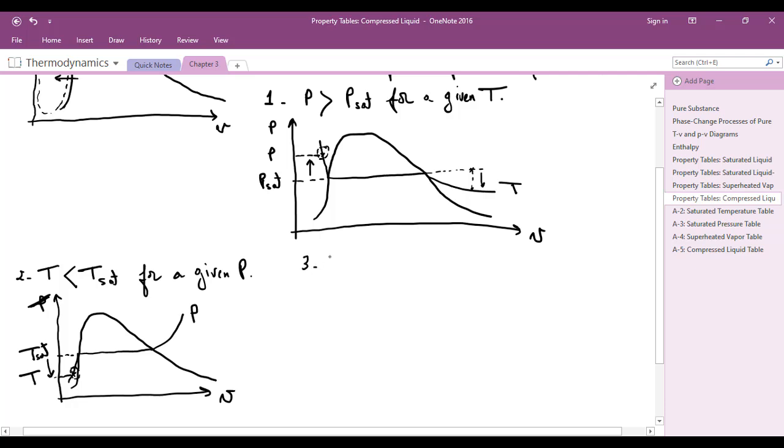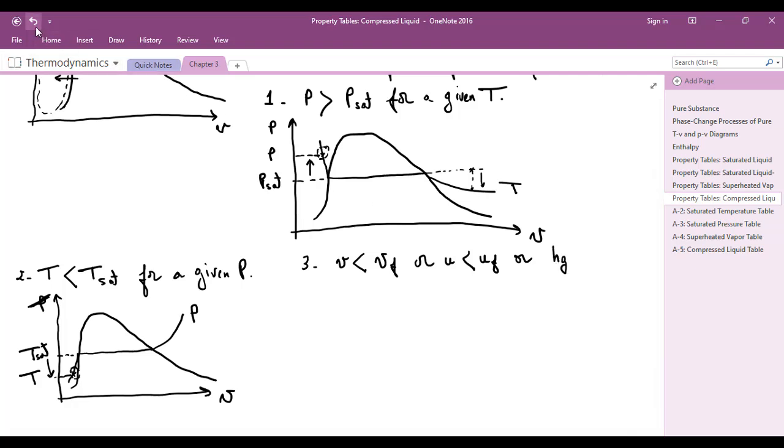The third condition is if the specific volume is less than Vf, or the internal energy is less than Uf, or the enthalpy H is less than Hf.